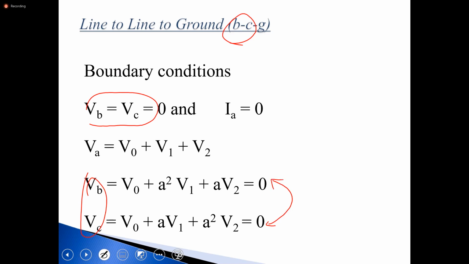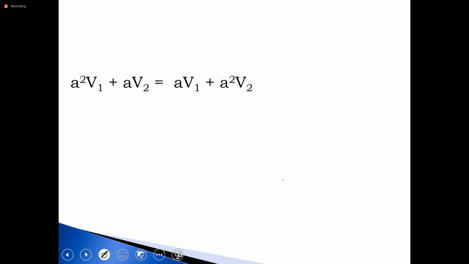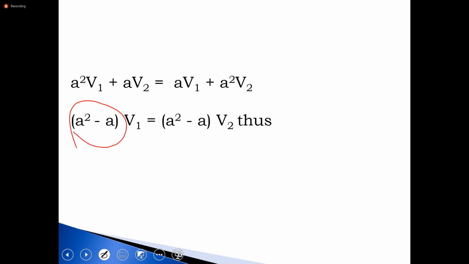If we do that, then we have a similar expression to what we had earlier. The only difference is that now it's in terms of the voltages. All right? And we simplify in a similar manner. Again, it doesn't matter what A squared minus A is equal to. What this implies is that V1 is equal to V2.